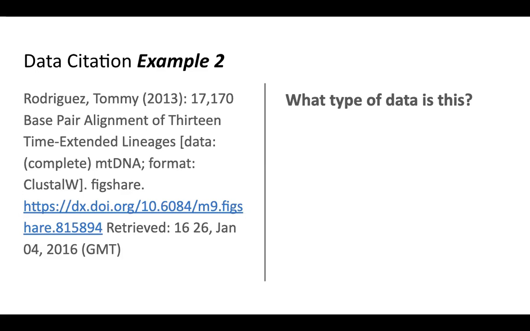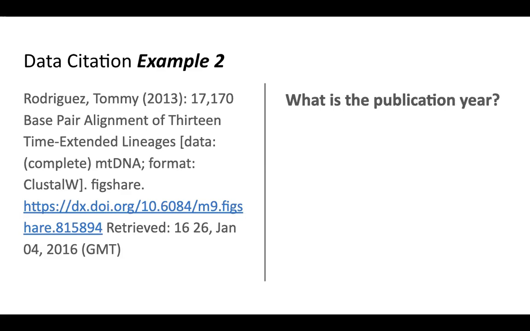In this citation, we actually have some additional information that's been added. It tells us what kind of data we will expect to open up in this file. So yes, it's complete mtDNA within this format, ClustalW. This is just some added information for us to understand what we'll be opening, because that's not necessarily implied by the title of this data set.